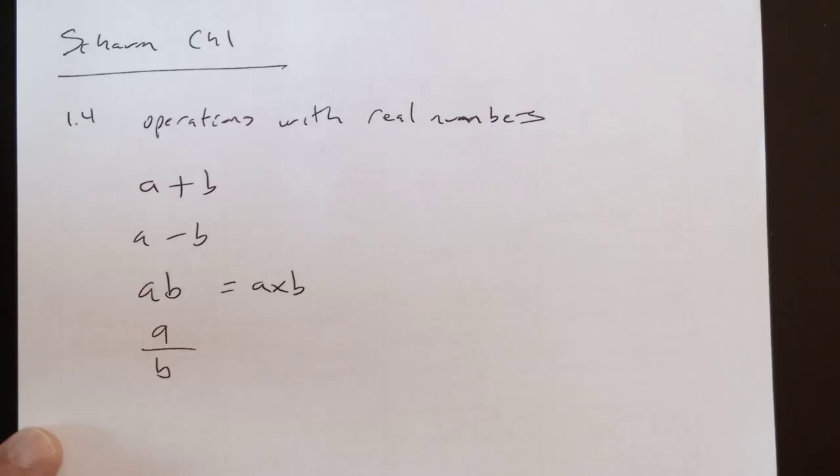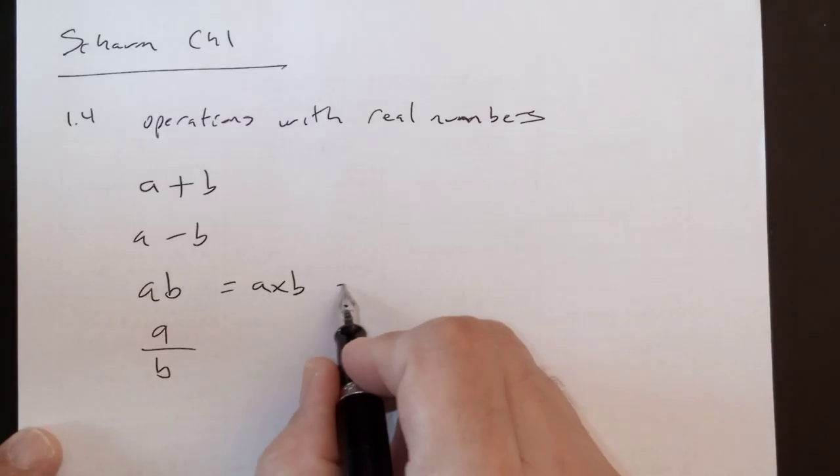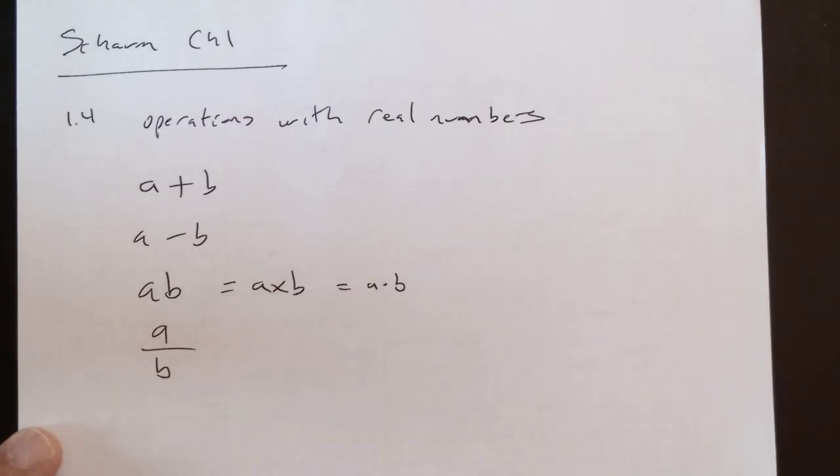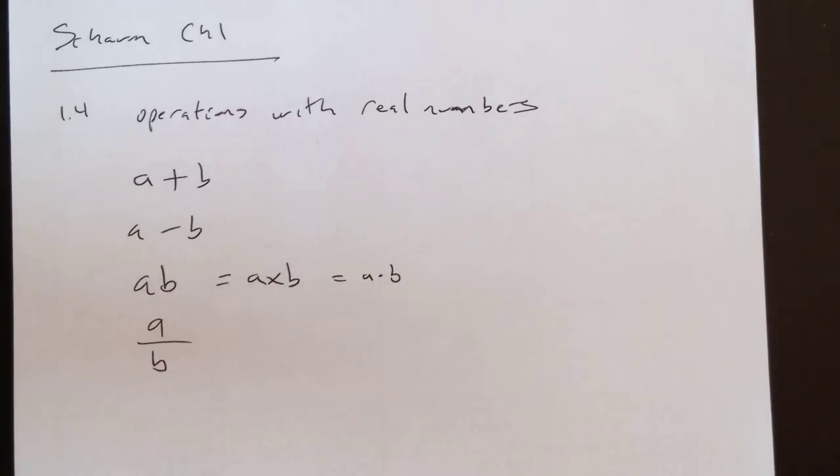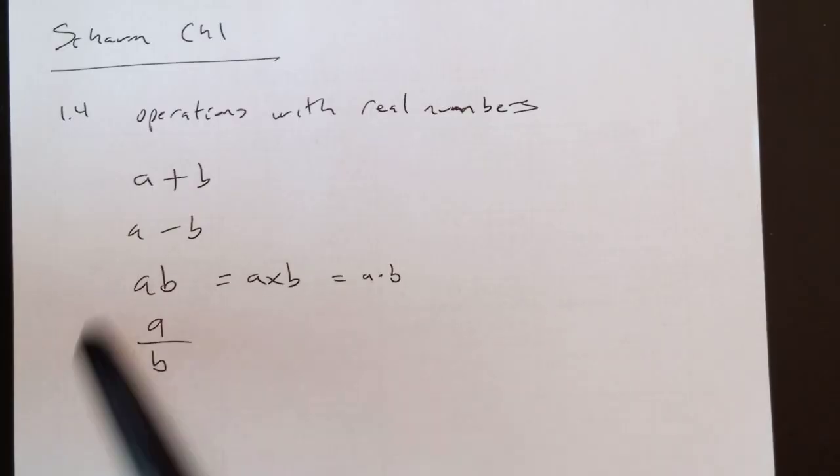It's not really an x. I don't like using that because it looks like an x to me all the time. Some people will use a little dot. Again, I don't want to do that very often unless I have to emphasize the multiplication part that's going on here for some reason, because those symbols also have other meanings in other fields. I don't want to put them either. So most of the time I'll just write two things together.